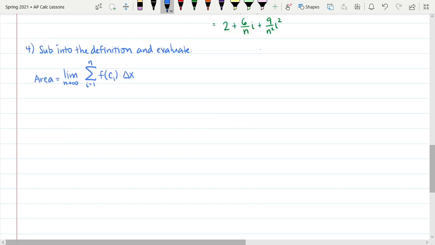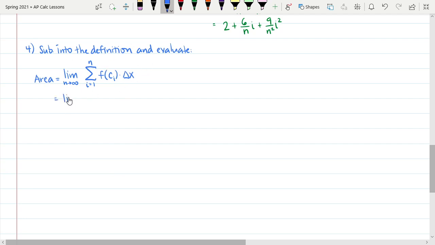Okay, so the final step, but this is the part that's going to involve the most work, is now we're going to take the information we found, substitute it into the definition, and evaluate. So remember, to find the area, it is the limit as n approaches infinity of the summation from i equals 1 up to n of f of c sub i times delta x. And so now we're going to substitute what we found for f of c sub i and delta x into this expression.